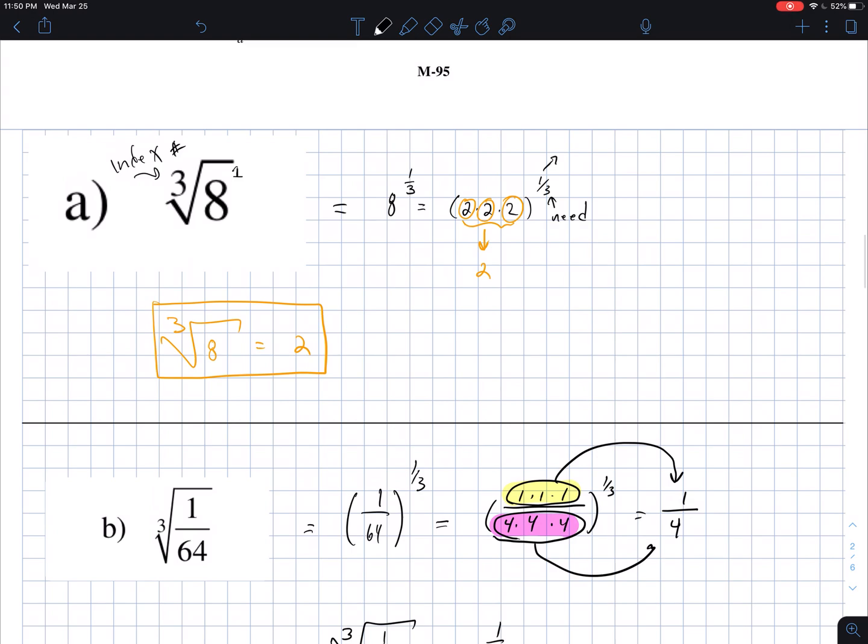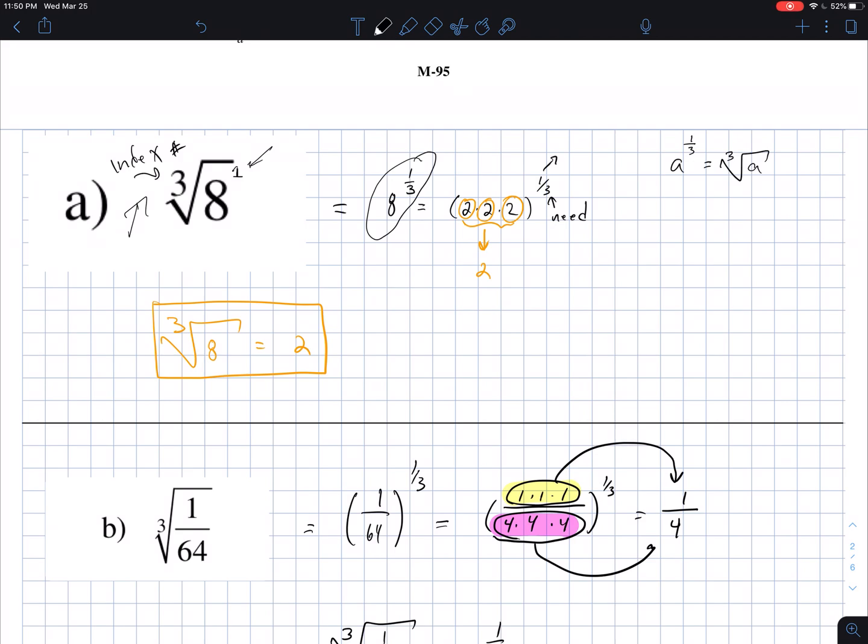So what I did was I reminded you about the index number. That index number is 3, and we have a power on 8 that's really 1, and that's why I rewrote the 8 to the 1/3 power. Just as a reminder, any base raised to the 1/3 power is the cube root of that base.